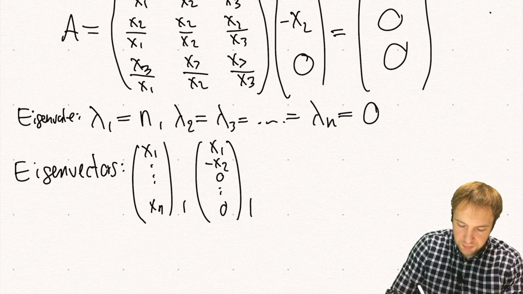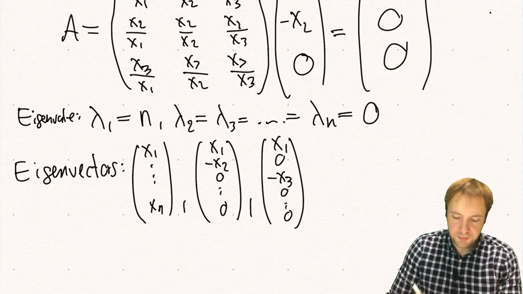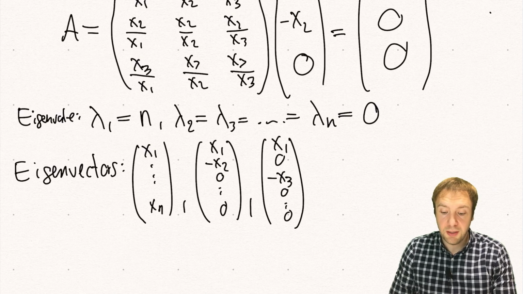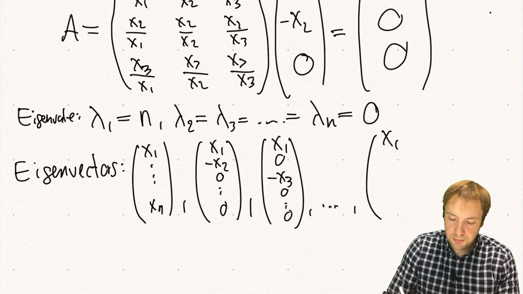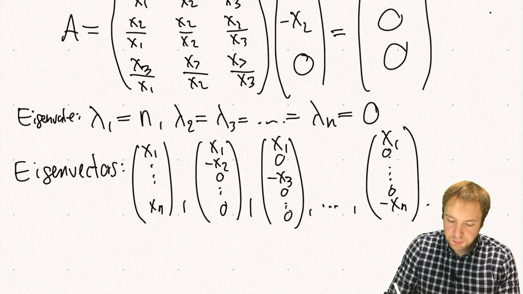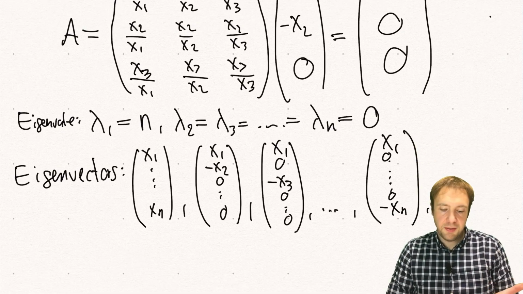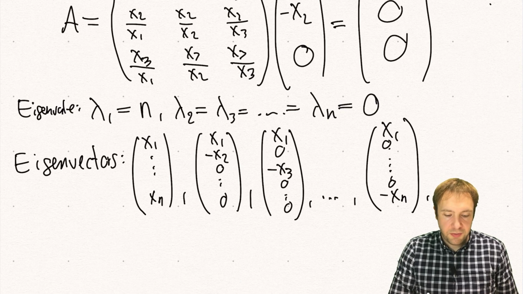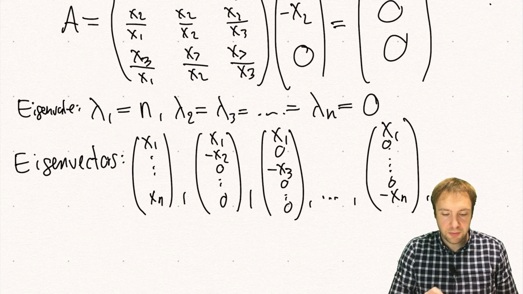You should check that, for example, if I take minus x3 in the third position, then this is also an eigenvector with eigenvalue 0, up to this vector x1 up to minus xn, and in between is 0. So here again is another example where we are interested in an eigenvector for the dominant eigenvalue.